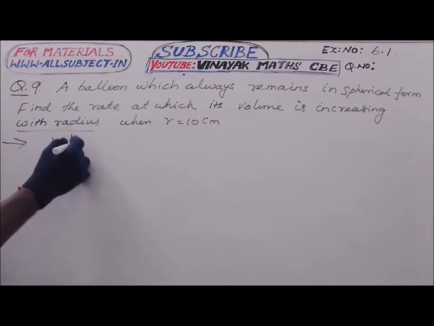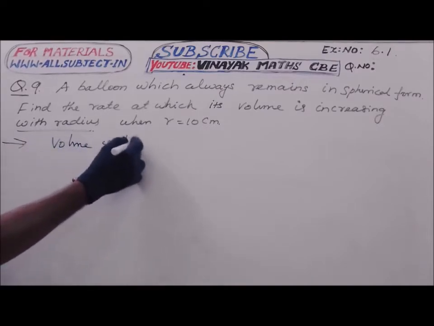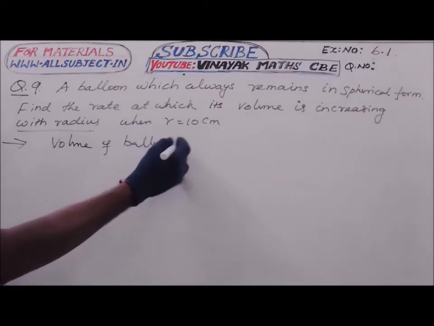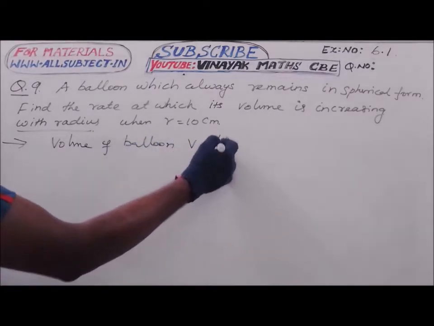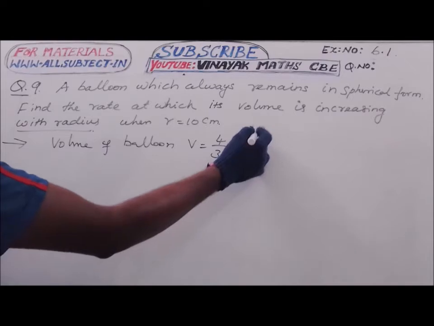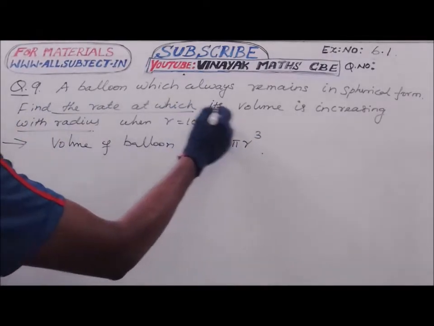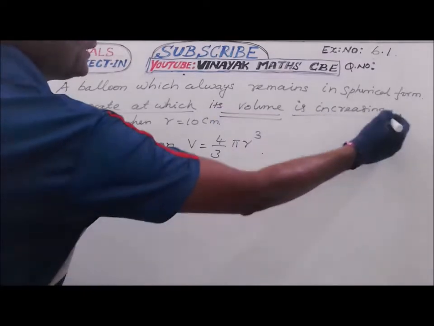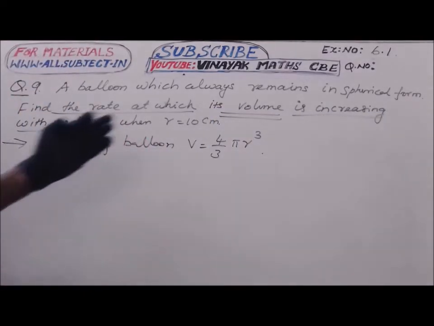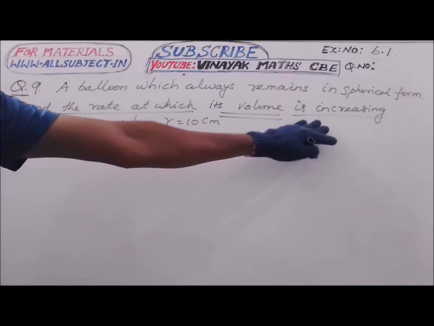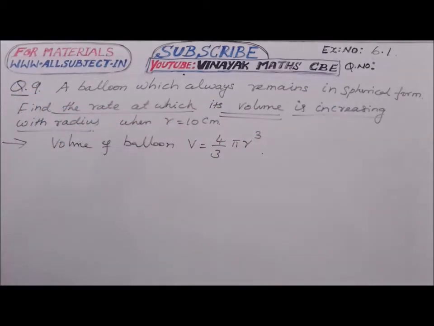The volume of the balloon, since it is in spherical form, is V equal to 4 by 3 pi r cube. We need to find the rate at which its volume is increasing. It will be a positive quantity because it is mentioned that it is increasing.